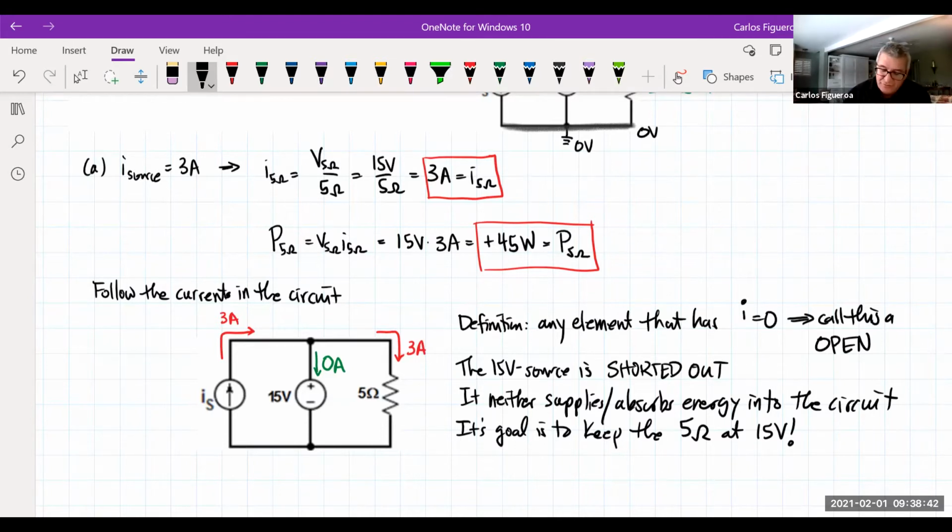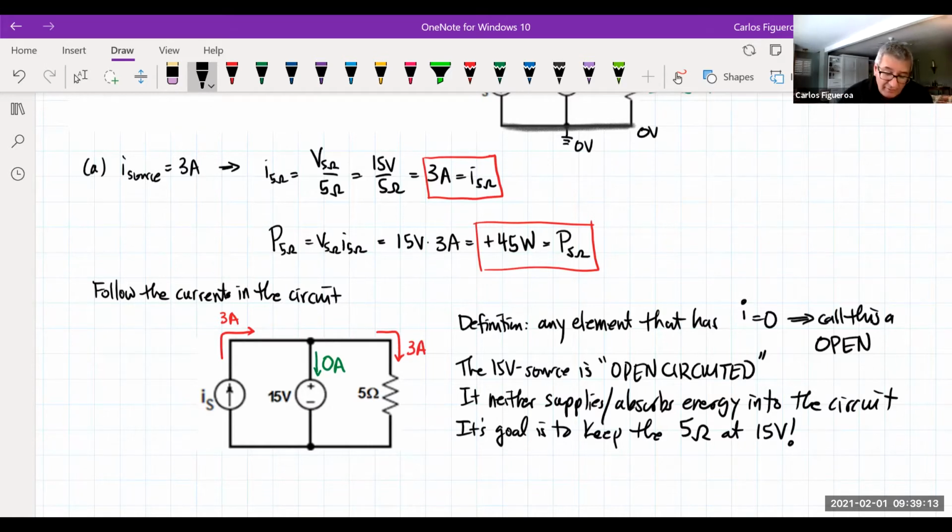Okay, so the 15 volt source is open circuited, as we say. It's been open circuited, and therefore it has no current running through it. So its whole goal is literally to just keep that 5 ohm at 3 amps. Thank you, Josh, for the help.